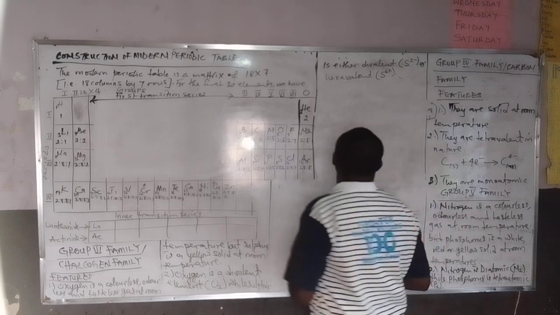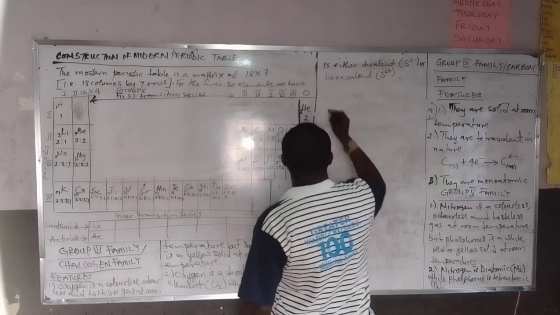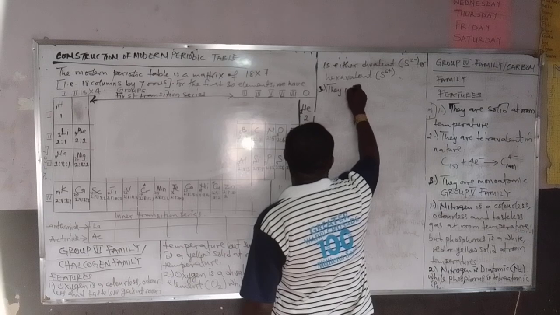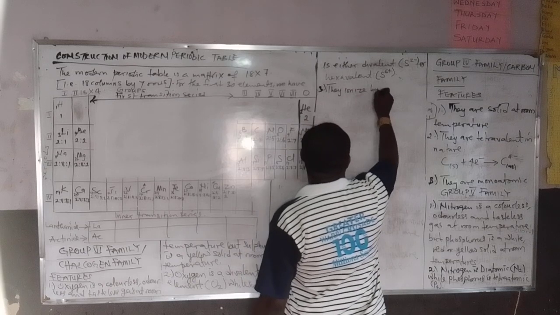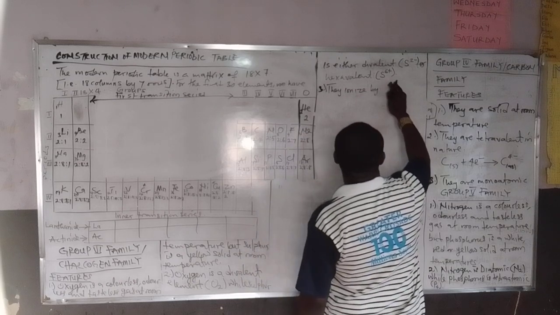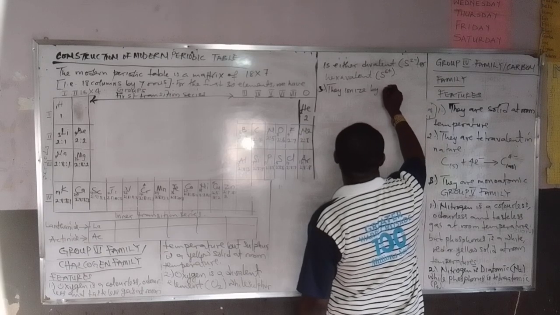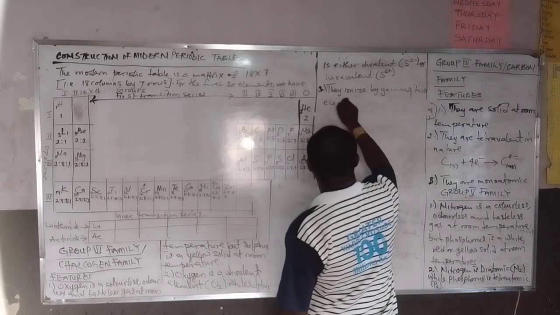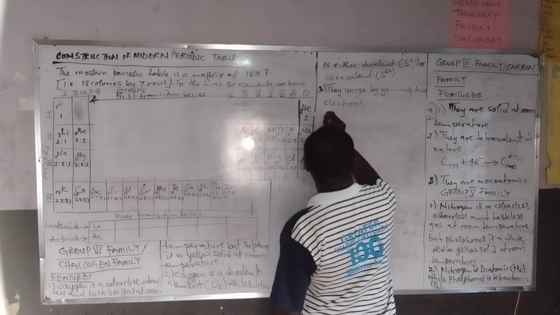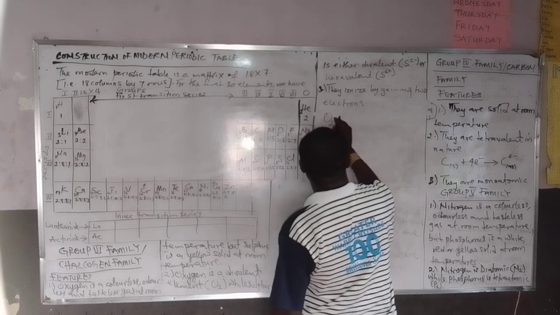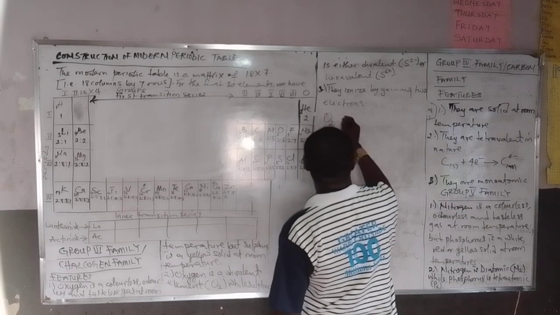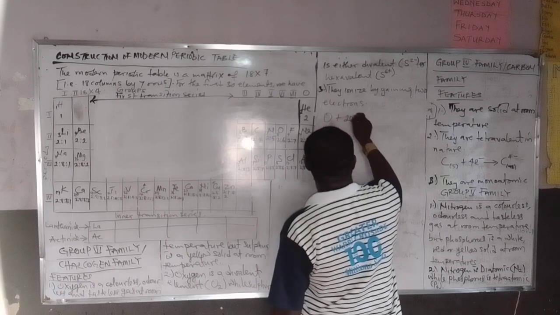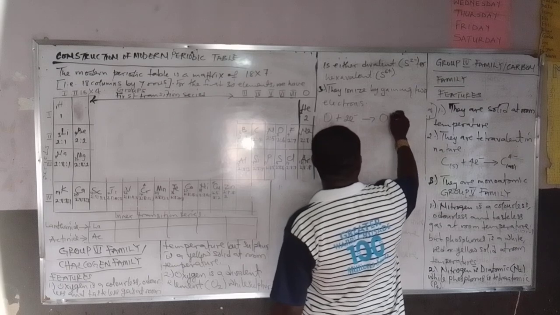So that is that. Now, number 3 point here is that they ionize generally by gaining 2 electrons. So one atom of oxygen gains 2 electrons and forms O2 minus.